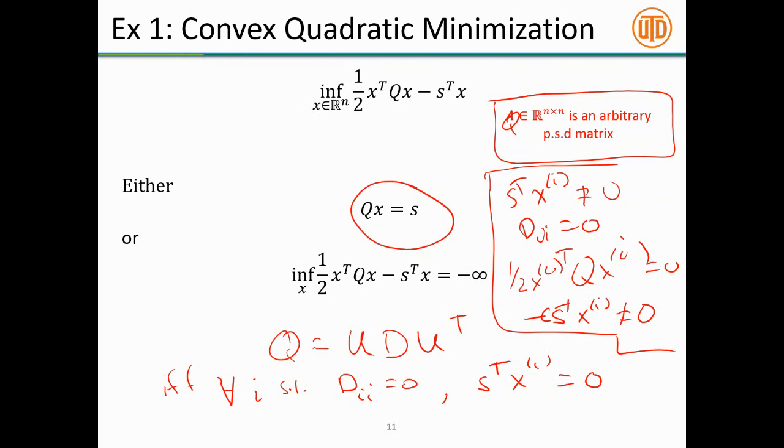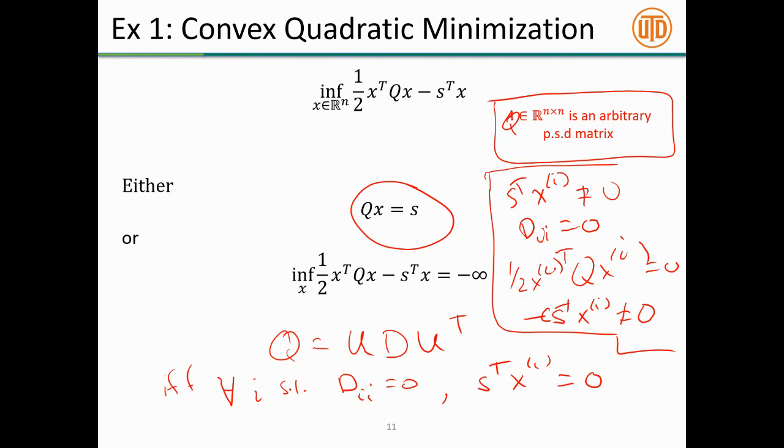So if there is such an eigenvector with zero eigenvalue and S is not orthogonal to it, the quadratic term disappears, and in the linear term I can make it as large or as small as I want, because it's just a linear function. Okay.